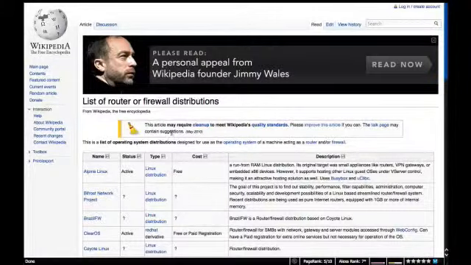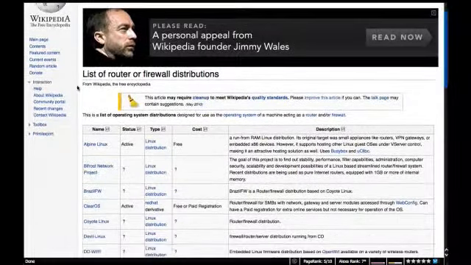And the very last link, Wikipedia's List of Router or Firewall Distributions, is what it's called. I can tell you, this is not even close to a complete list of choices. I believe one of them we mentioned is not on this list, and I can't remember which one it is.